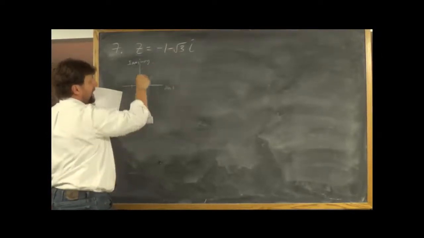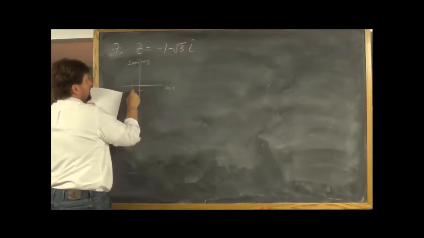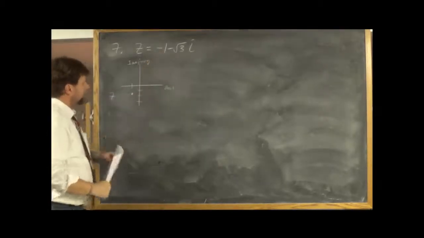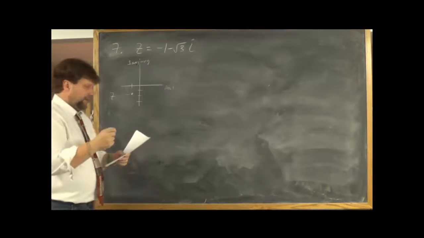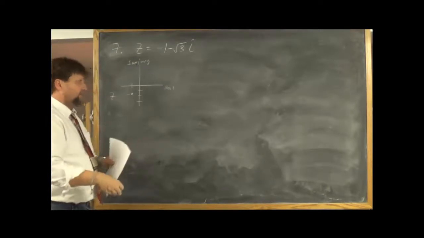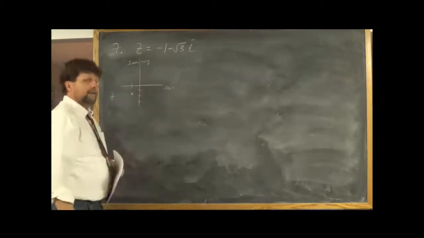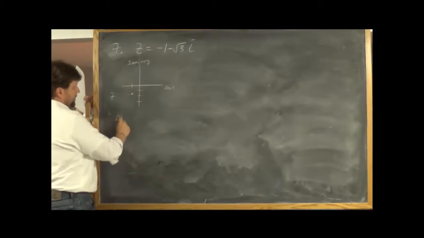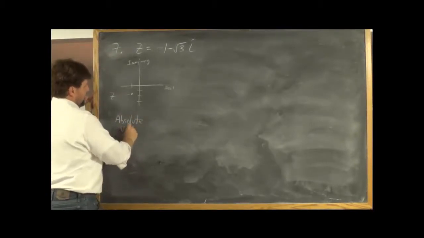If I plot that point, it's about right here somewhere. That's my complex number. And remember, the absolute value is really this distance right here. We can do that real quickly. That's something you were asked to find, the absolute value.